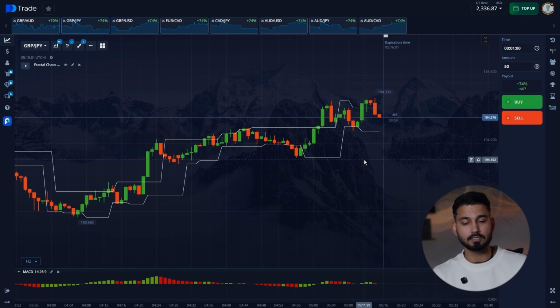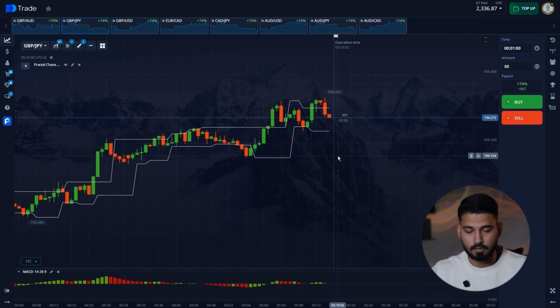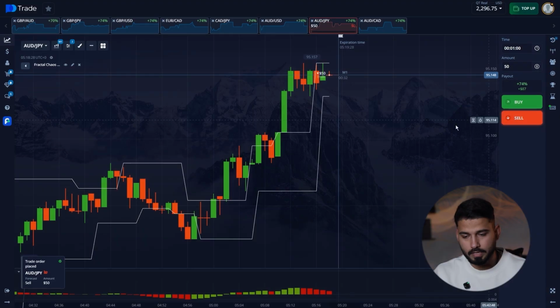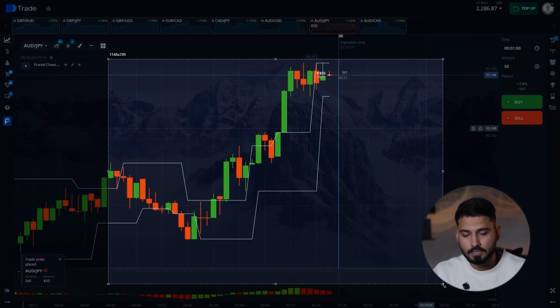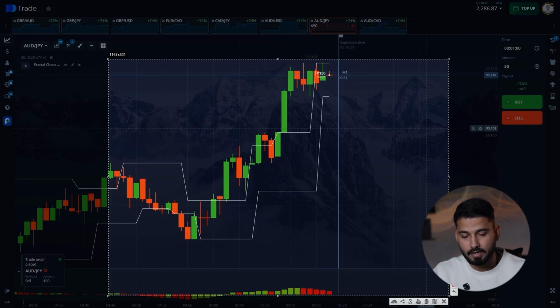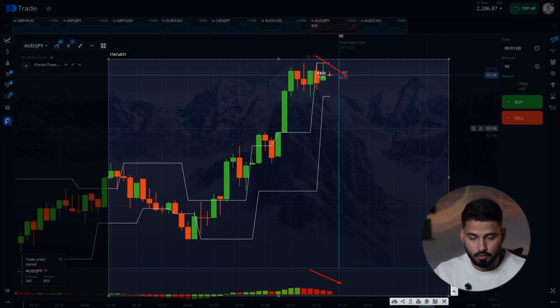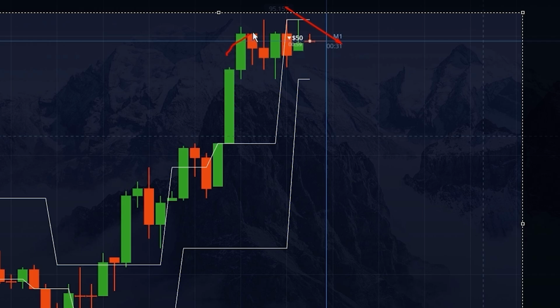Now it's time to test the strategy on a fresh chart. With accelerated growth, let's go. Initially, risk is set at $50, just 2% of my trading account. I'm entering immediately on the downward move. Let's analyze the setup. MACD is in the red zone, confirming the downward rejection from the channel.